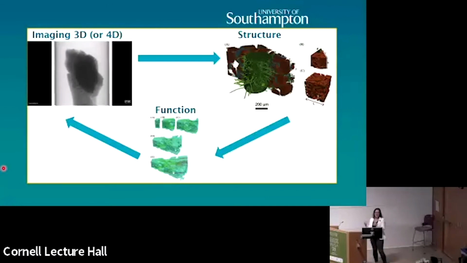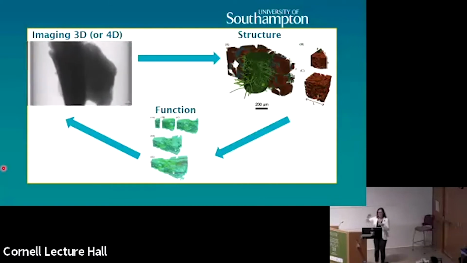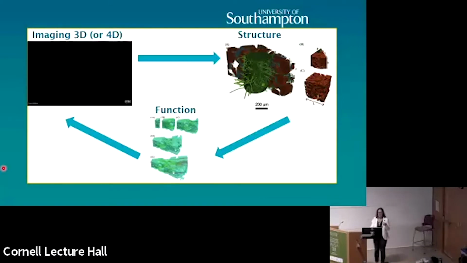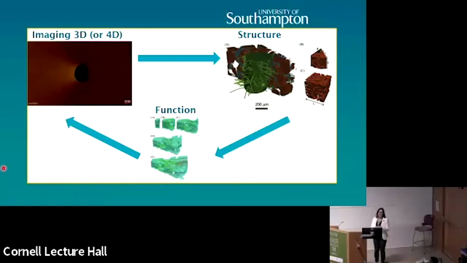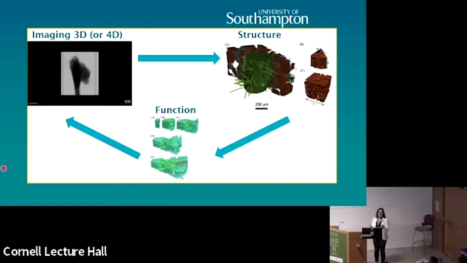It doesn't actually say much about the function of that system. So we take those images and assign function to how, for example, solute movement or water movement occurs in the structure that we observe, and then use this information from functional modeling to plan the next experiment.